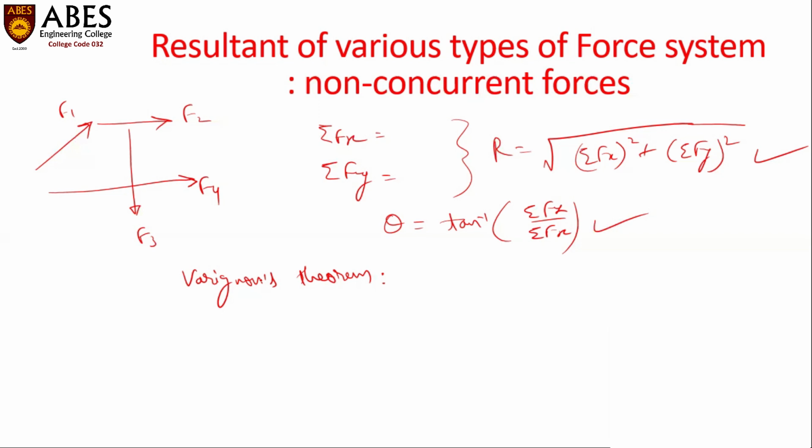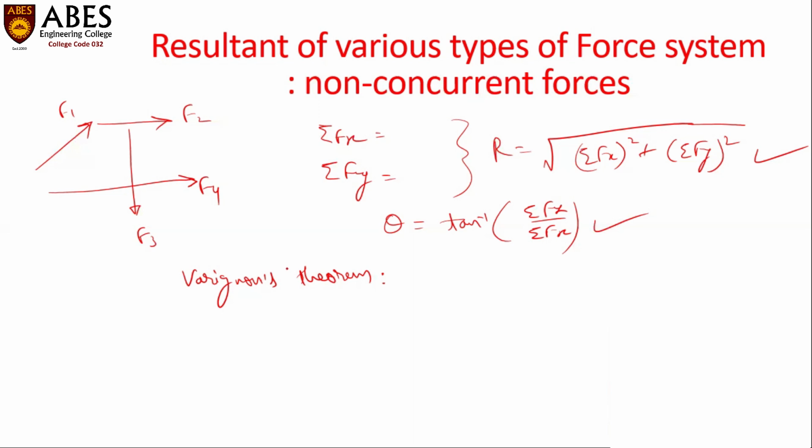The moments may be positive or negative. We follow a different sign convention for that. Clockwise is considered positive, and anti-clockwise turning effect or rotating effect will be considered negative. So a sign, plus or minus, is given to each and every term. We will add up these different terms, the summation of moments, and that will be equal to the moment of the resultant of those forces about the same point.